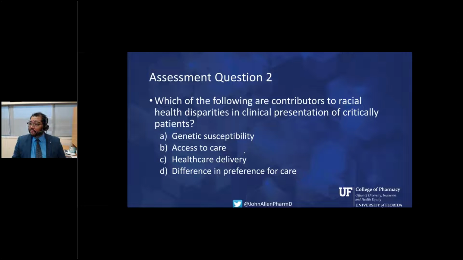With respect to the results, 75% of folks thought that the answer was access to care, and 25% that the answer was related to healthcare delivery. That both of those contribute to differences in clinical presentation among critically ill patients. So keep that in mind as we go through the next section.